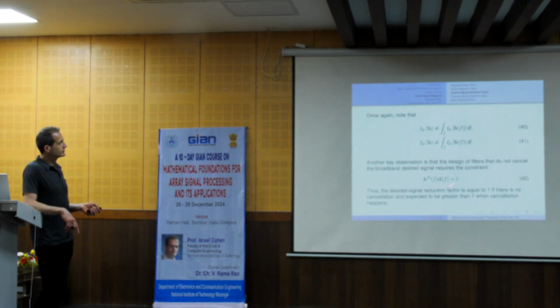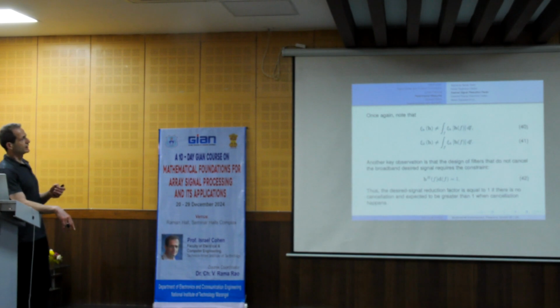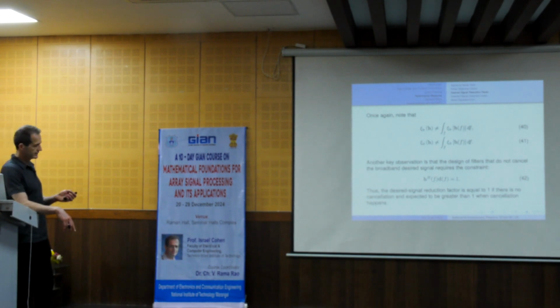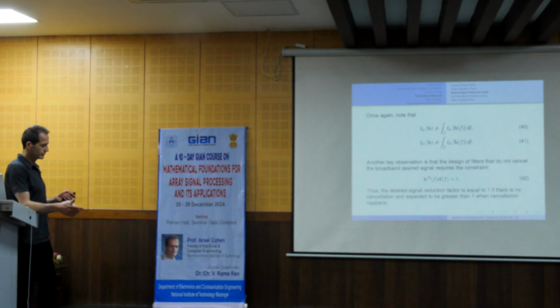And this is the constraint, the requirement that we put for the MVDR: this number will be constant 1 for all frequencies. This is the distortionless constraint, for the MVDR or other filters with the requirement of distortionless constraint.